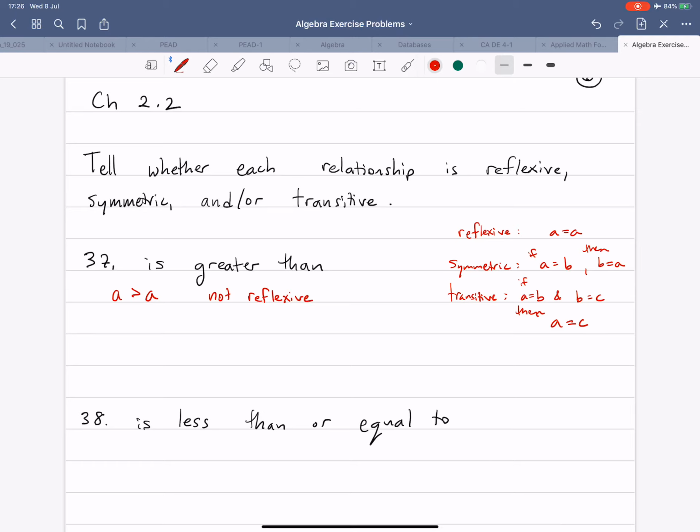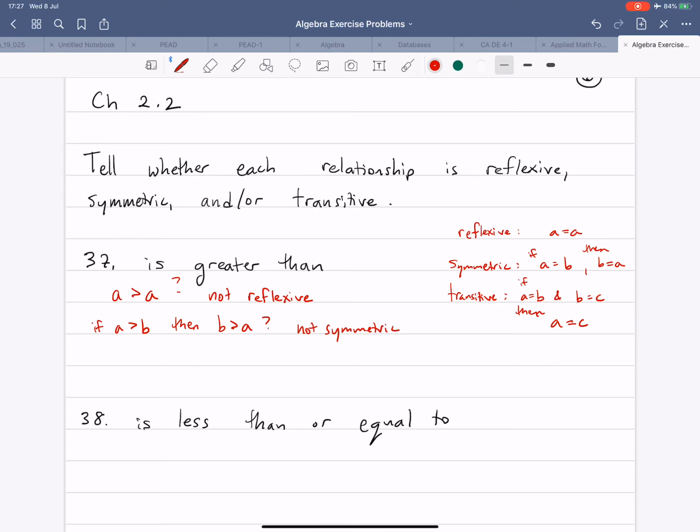Let's take a look at symmetric. If A is greater than B, then B is greater than A. And that's definitely not true. So it's also not symmetric.